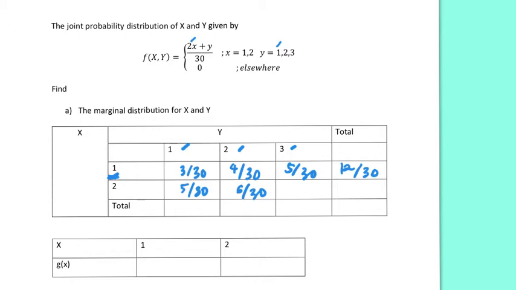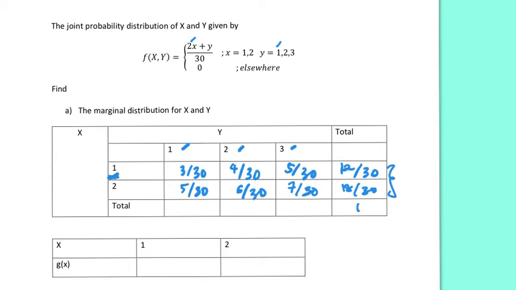The last one, 4 plus 3, 7 over 30. So the total for the row is 5 plus 6 plus 7, 18 over 30. If you total up the row totals, 12 plus 18 over 30, you are going to get 1.